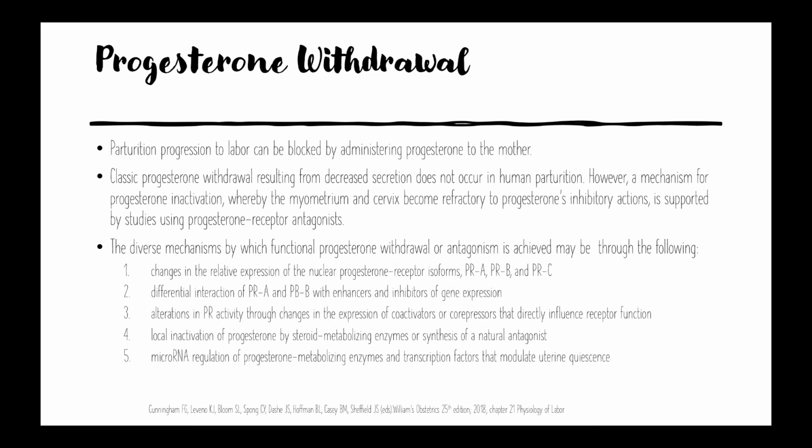Alterations in progesterone receptor activity through changes in the expression of co-activators or co-repressors that directly influence receptor function, local inactivation of progesterone by steroid metabolizing enzymes or synthesis of a natural antagonist, and microRNA regulation of progesterone metabolizing enzymes and transcription factors that modulate uterine quiescence.